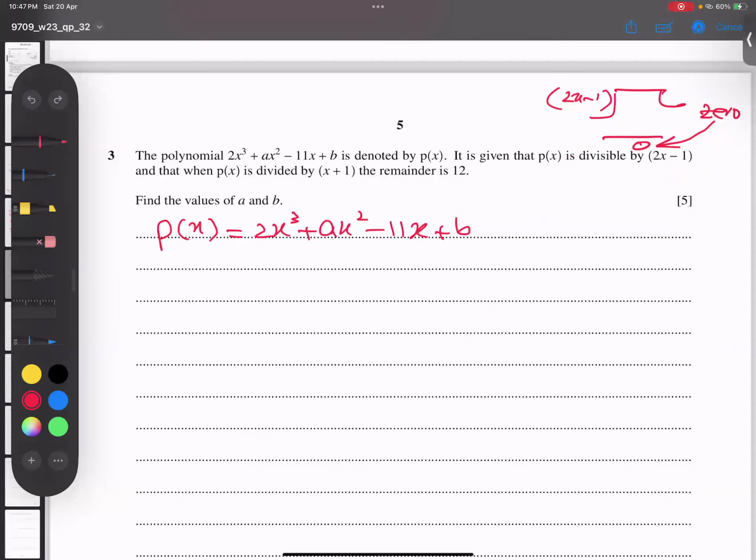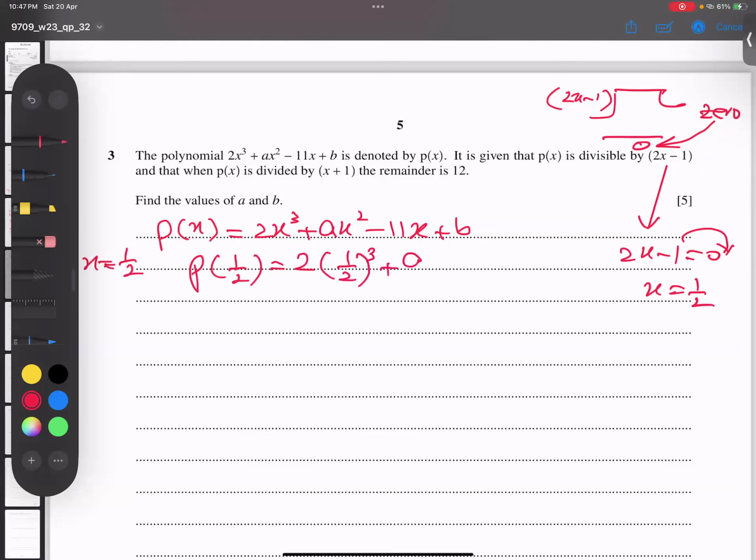So what I will do, students, I will set 2x minus 1 equal to 0, 1 goes there, and 2 divides, I get a half. I'm going to put the whole equation at half. So when I plug in half everywhere, students, the 2 times half to power 3, a times half to power 2, minus 11 times half, plus b.